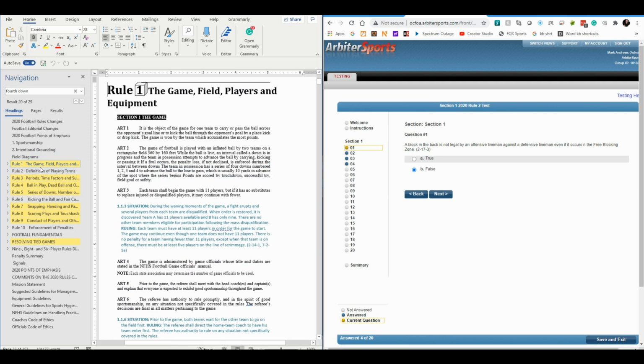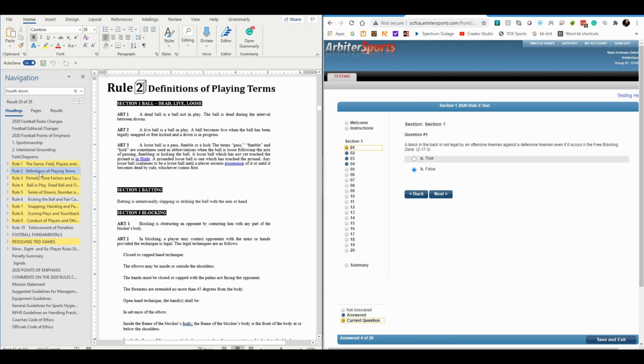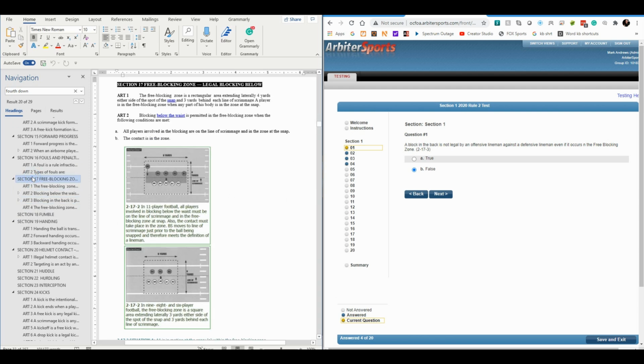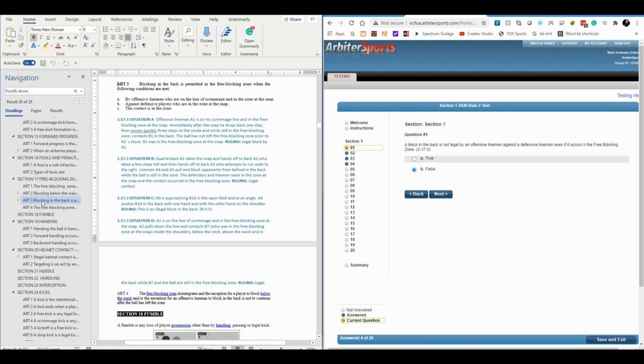There it is. There's the beginning of Rule 1. Rule 2, right there. If you want to go to Rule 2, Section 17, like we want in this particular question, scroll down. There it is, 17, and then Article 3, right there. And it deals with blocking in the back.